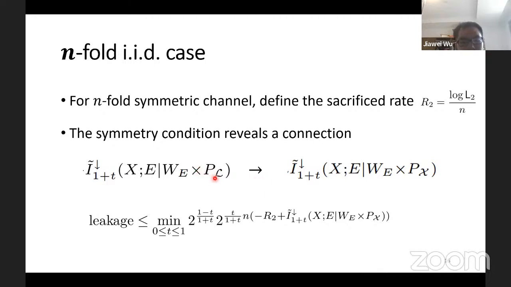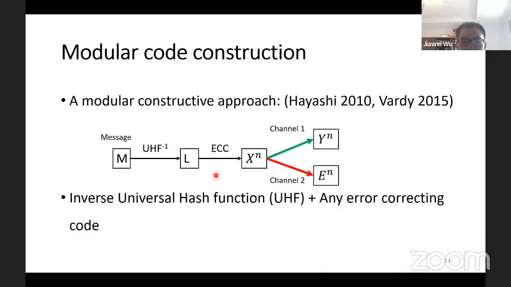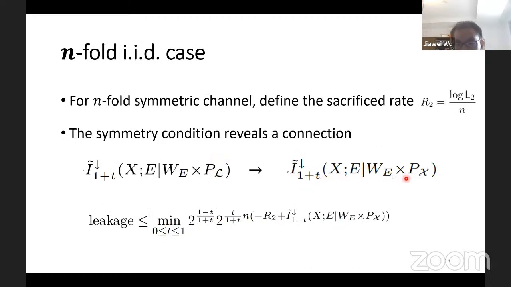The difference is that this mutual information is evaluated on the L set. Maybe I should recall that L is a set before the error correction code encoding, but it is connected to the mutual information on the input set of the channel. That is, this quantity has no relation with what the error correcting code looks like.